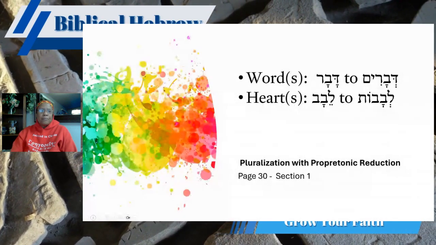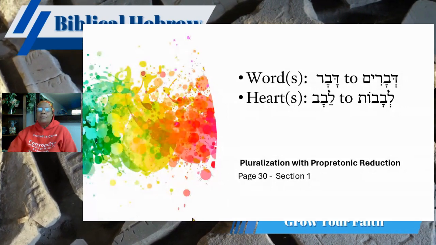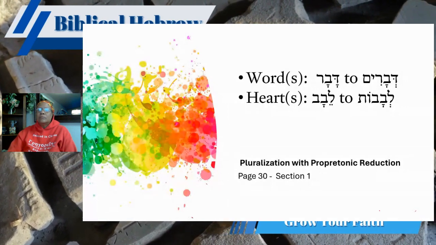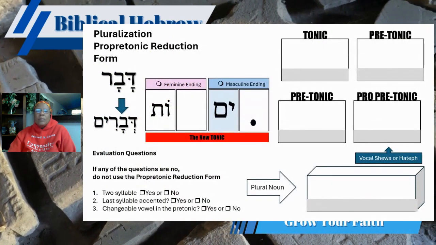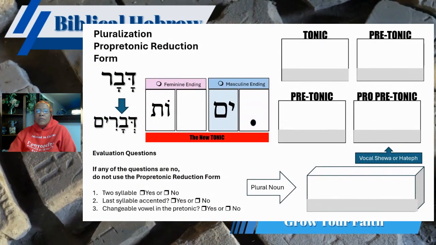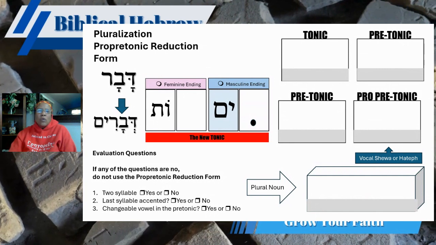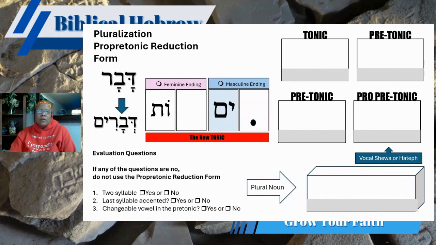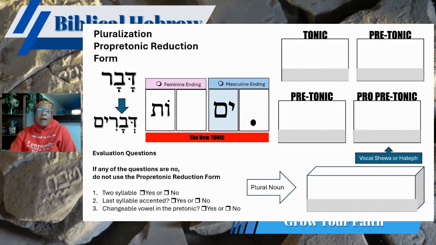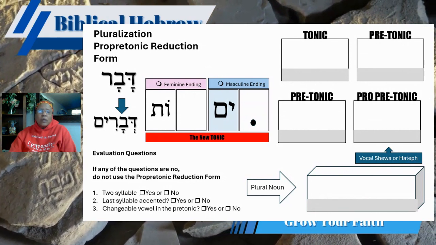All right, let's look at the form. In the form, again, we're going to follow the rules, right? So we are looking at a masculine singular noun. We're going to pluralize it.